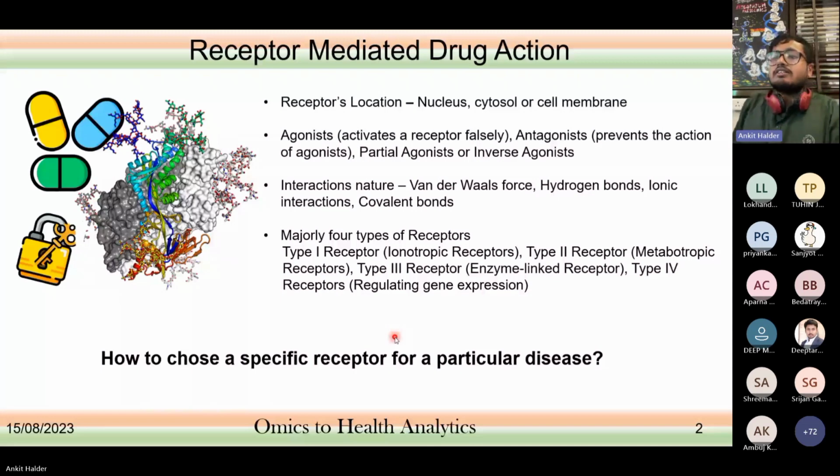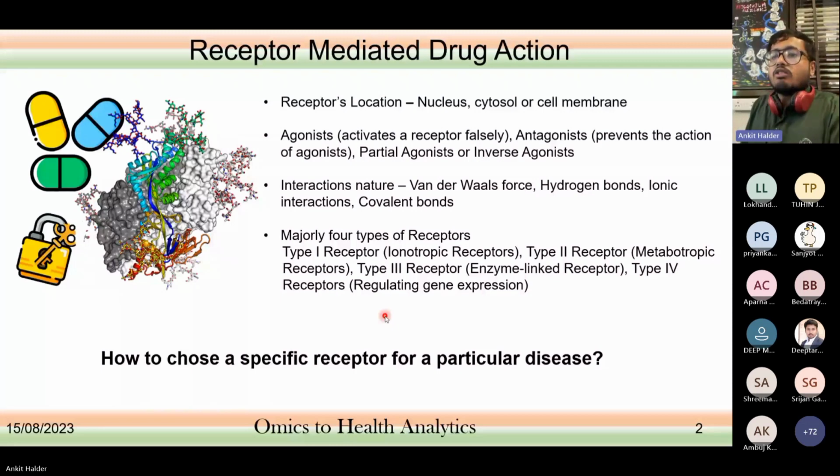Type 3 is your enzyme-linked receptors, like the kinases and their inhibitors. And type 4 regulates your gene expression. These are the major four types of receptors that we generally know, and we try to inhibit those, or help reduce the effect of that particular disease. These are the four major receptors that we work on till now.